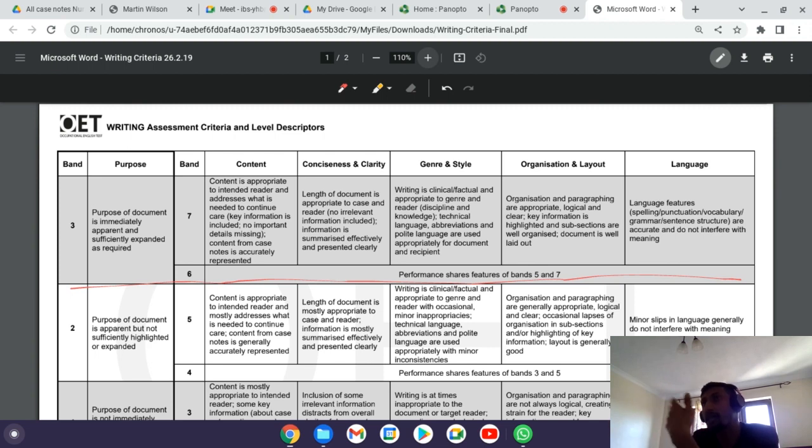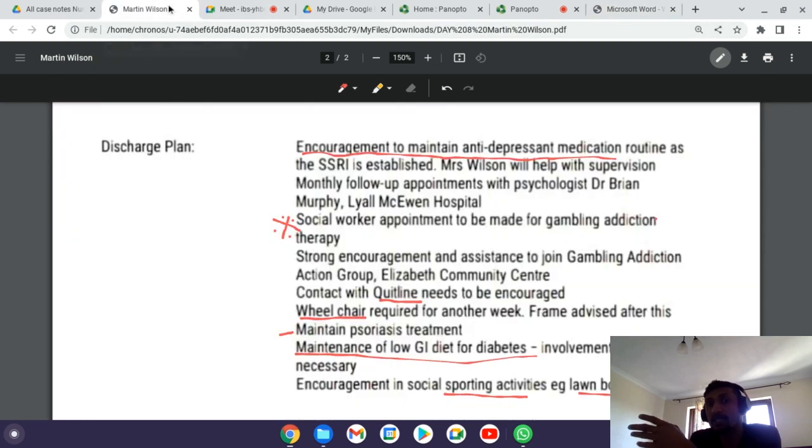Then your story is like you are telling a story about that patient, what happened with that patient, and what the social history of the patient is, because you are writing a letter to the social worker. So you mention the patient has an addiction to gambling and he is in debt. That should be your first paragraph.